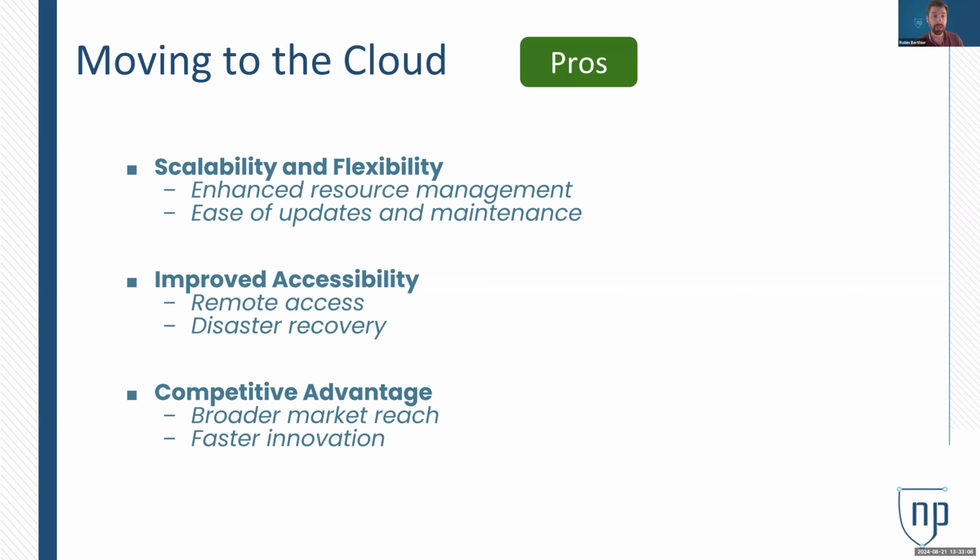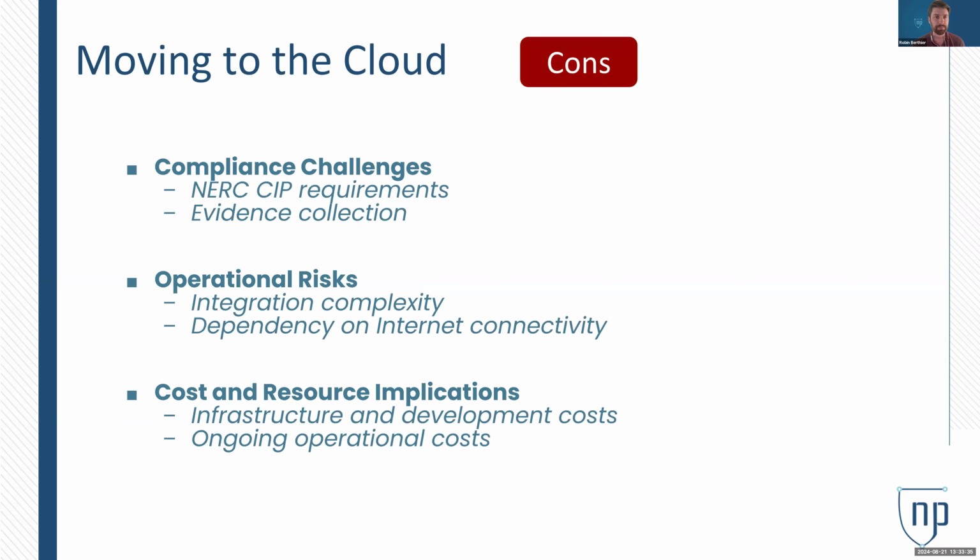Improving accessibility, because customers now can remotely access that database regardless of where they are, and it provides better backups and a better disaster recovery solution. And then an important competitive advantage, right? Because we can accelerate developing the solution to innovate faster and make sure we serve our customers better.